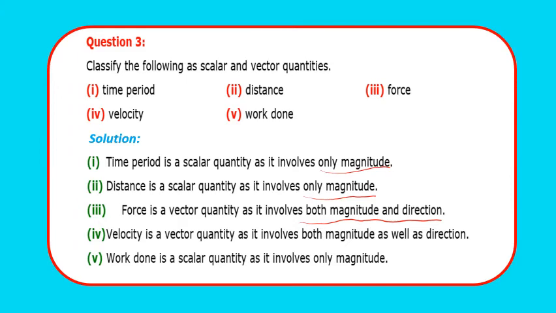Velocity is again a vector quantity because it involves both magnitude as well as direction. Work done is scalar because it involves only magnitude. Clear? It is very simple. If it has only magnitude, it will be scalar, and if it involves both the direction and magnitude, then it will be vector. Clear? So pause and note down the solution.